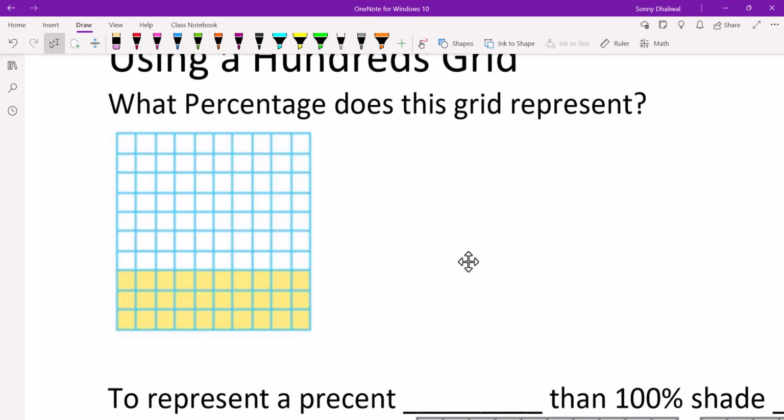There's 10 that go in this direction, and 10 that go in this direction. If you wanted to represent this as a fraction, how many are shaded? 10, 20, 30. Yeah, we have 30 shaded here.